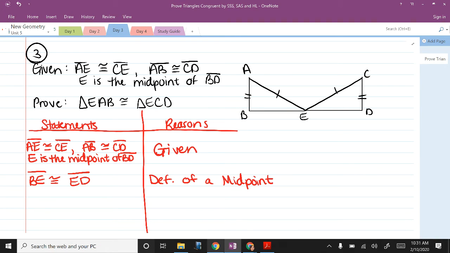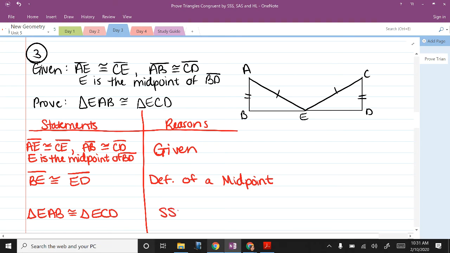So now do I have three sides congruent to three sides? I sure do. So now I can do my proof. Triangle EAB, which is the left triangle, is congruent to triangle ECD by side, side, side.